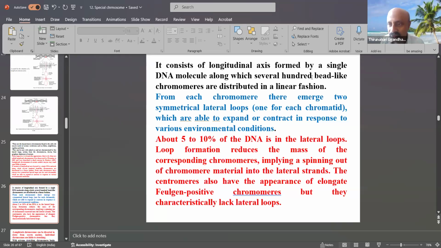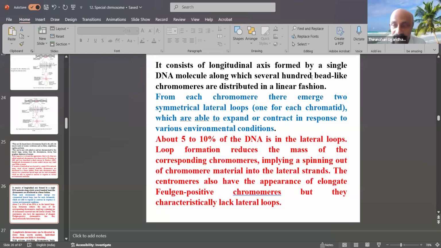Two loops are joined at a part called the axis, the DNA molecule, along which several hundreds of bead-like chromomeres are distributed in linear fashion. From each chromomere, two symmetrical lateral loops emerge, one for each chromatid, which are able to expand or contract in response to various environmental conditions.